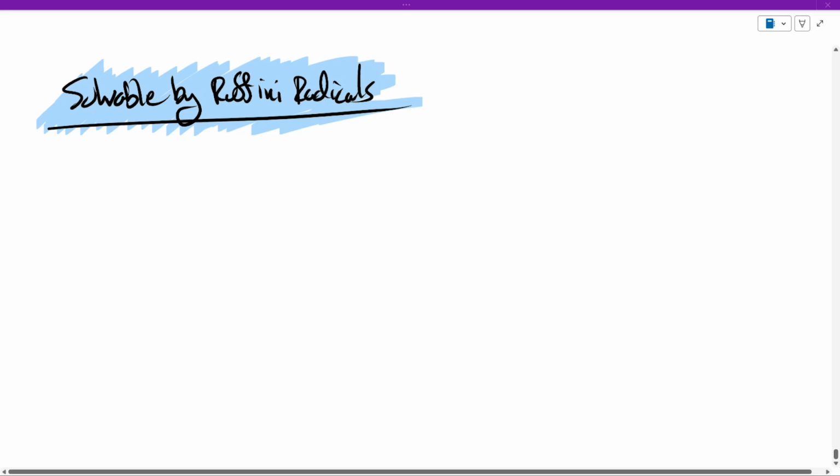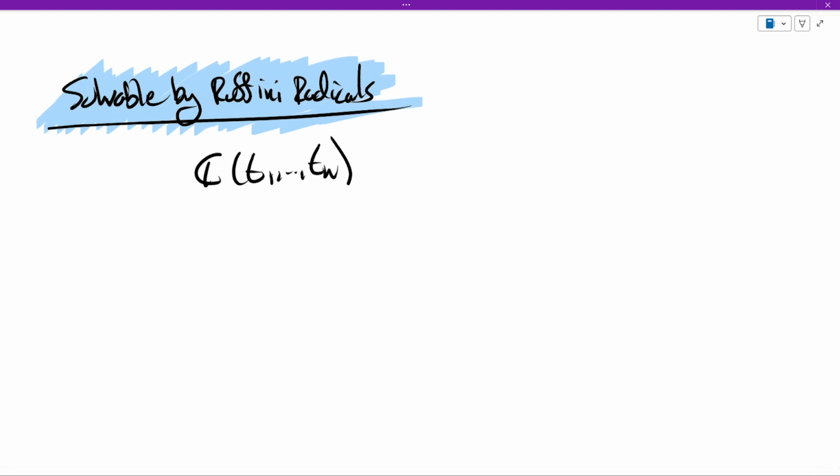What we saw was that if we looked at rational functions in T1 through Tn, where we're imagining that T1 through Tn are roots, although they don't necessarily need to be roots, we have these expressions in T1 through Tn, namely S1 to Sn, S1 being the sum of all the T's, S2 being all the pairwise products, and so on.